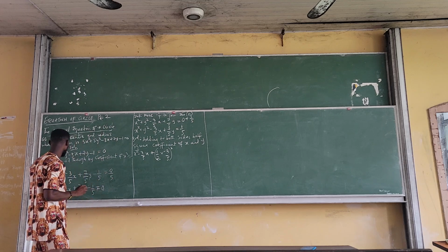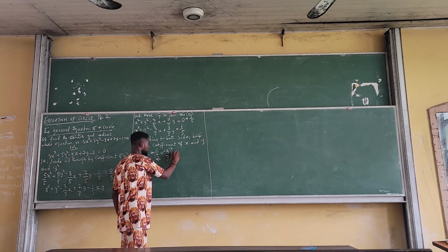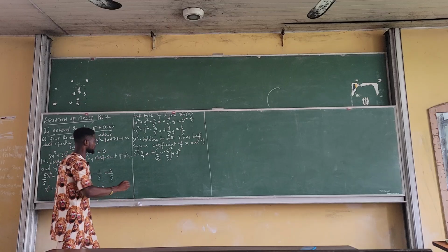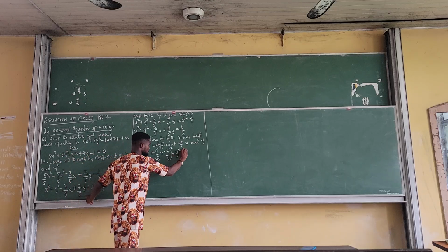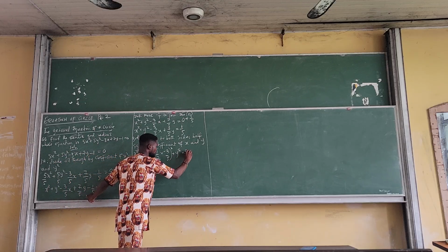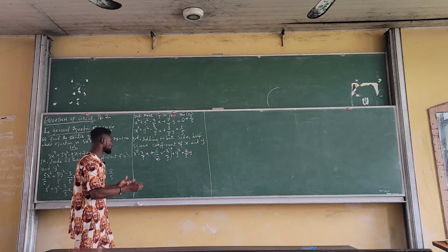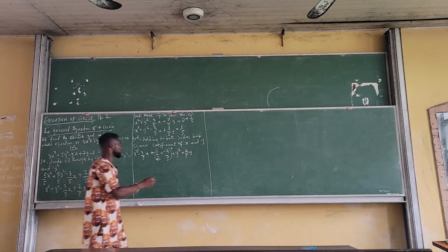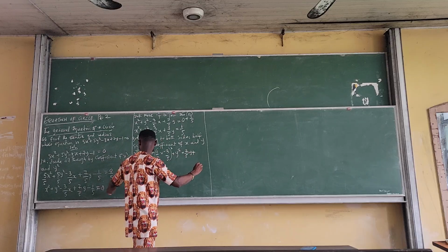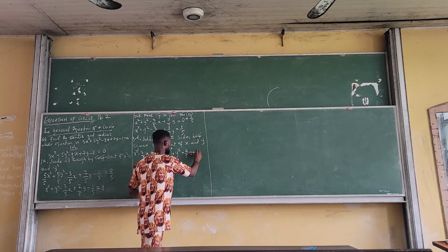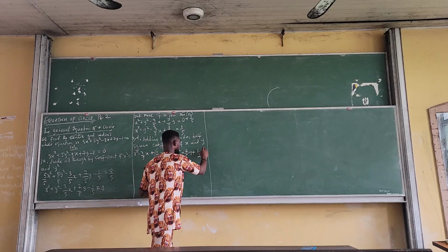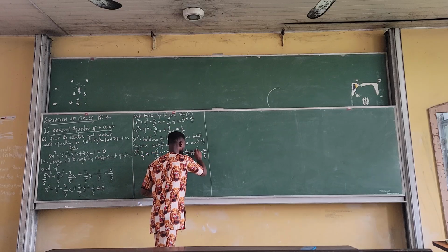Then for y, plus 7 over 5y, and we are asked to add half of the coefficient and square it. So we add 1 over 2 times 7 over 5, then you square.